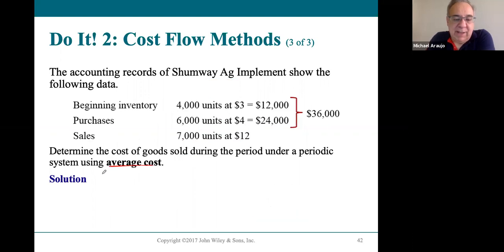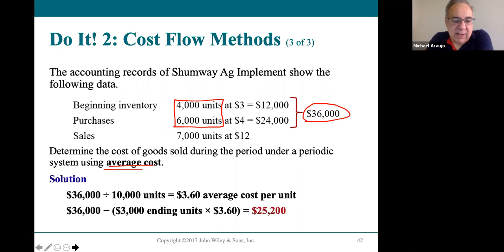And then the last is average cost. Well, to get an average cost, you need to find out the total amount of money you spent on the inventory. So you spent a total of $36,000 on inventory. That $36,000 bought you 10,000 units. So each unit is literally $3.60.